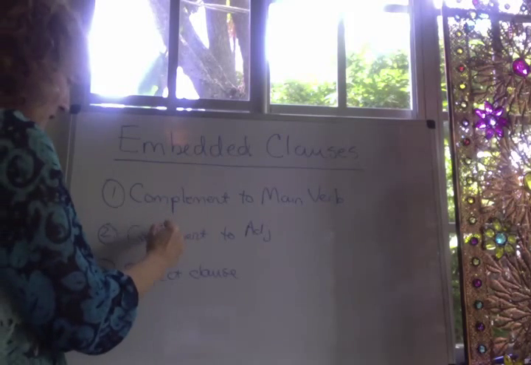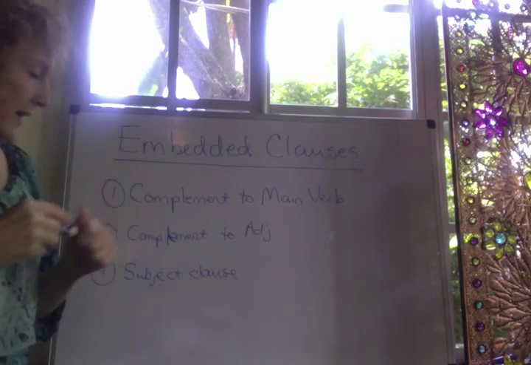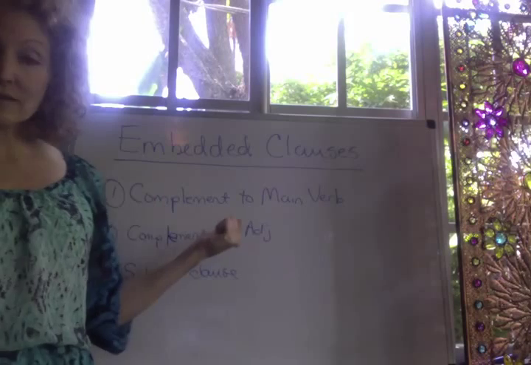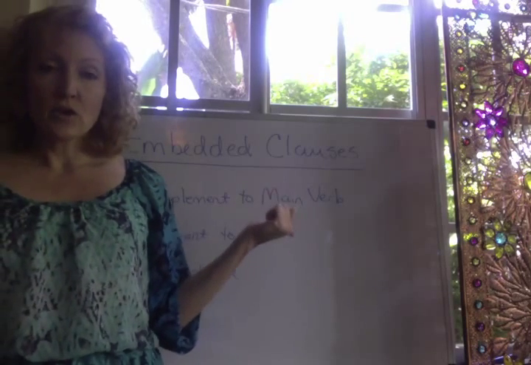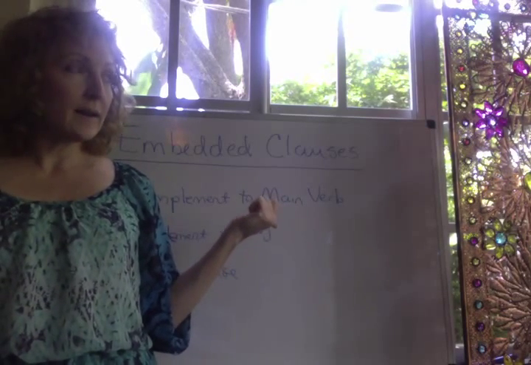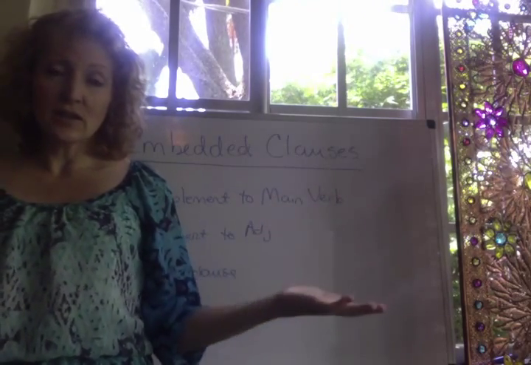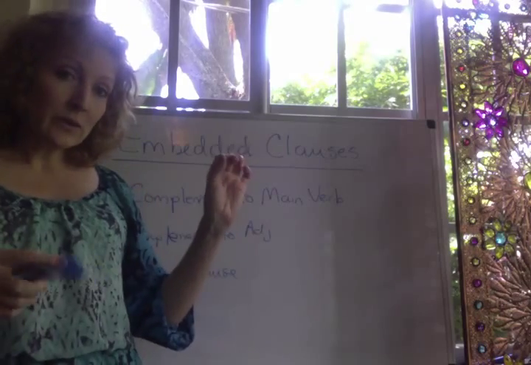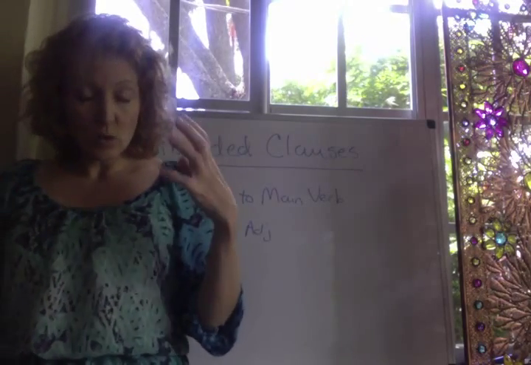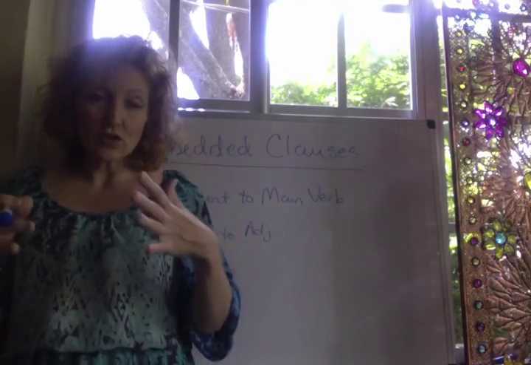We also see that in English it is possible to have embedded clauses serving as the complement to an adjective. If you say something like, I am worried that Mary is not feeling well, that Mary is not feeling well is the embedded clause. It's its own sentence within a larger sentence.